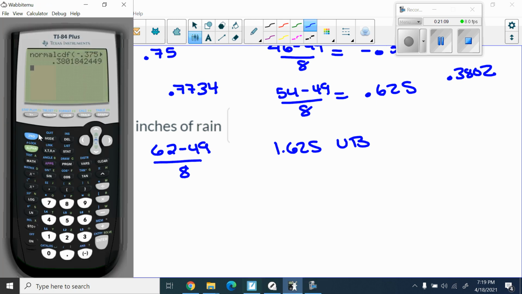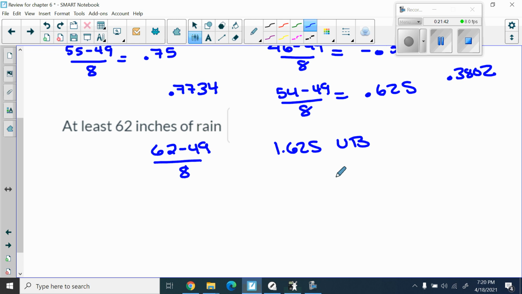So that's going to be second VARS, normal CDF, and our lower bound is 1.625. And our upper bound, I'm just going to do positive 10,000 or more. I usually add more zeros than I need to. So I get 0.0521. So 0.05.